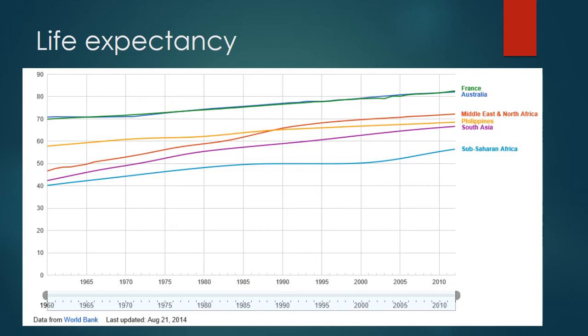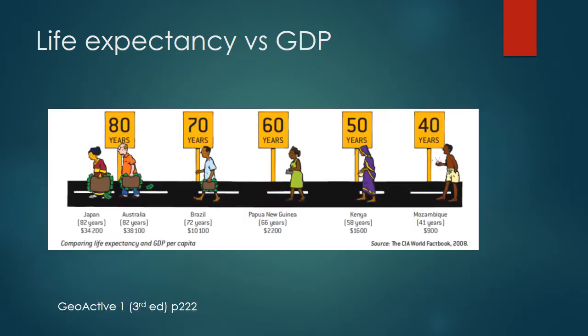So this little diagram is a few years old now, it's from 2008, but what it's doing is comparing life expectancy and GDP. So you'll see we have the developed countries of Japan and Australia at the top, and you'll see that our life expectancy at 82 years, our GDP, so gross domestic product per person, is in the $30,000 mark.